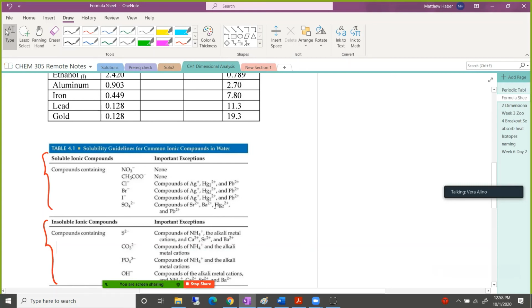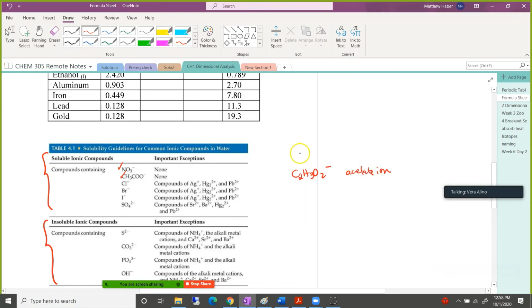One of the rules that I would like you guys to remember is the first two rules. If you have acetate, any compound that contains the acetate ion, which could also be written as C2H3O2 with an overall charge of -1, notice there are 2 carbon, 2 oxygen, and 3 hydrogen atoms in there. So this is called the acetate ion.